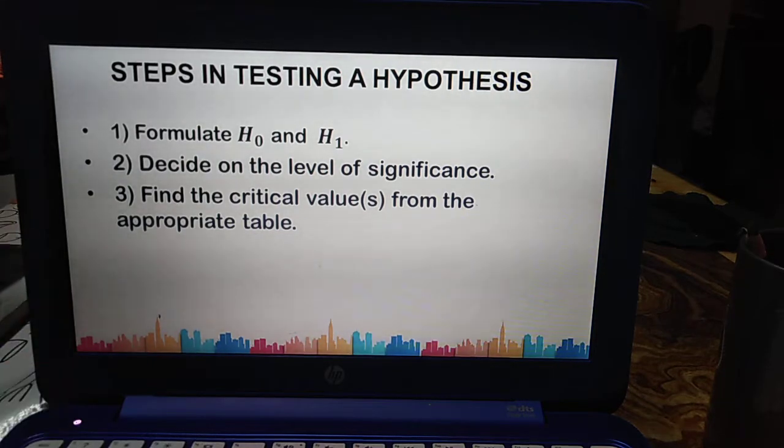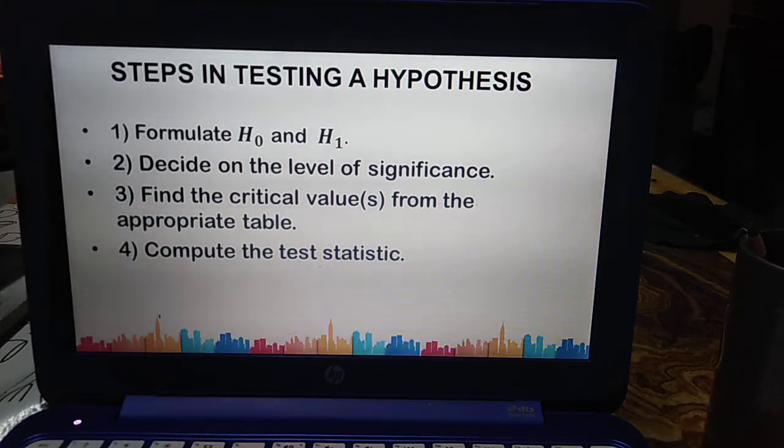In this case, I already gave you the tabular C-values from the slide earlier. So all you need to know is the level of significance and the type of test that you are going to use, and you will now be able to get the C-values that you're going to use.